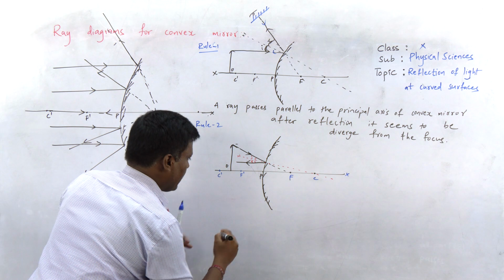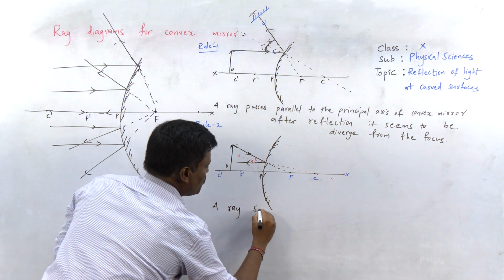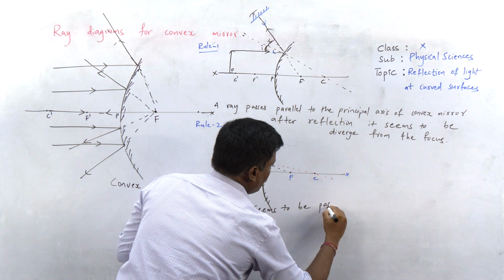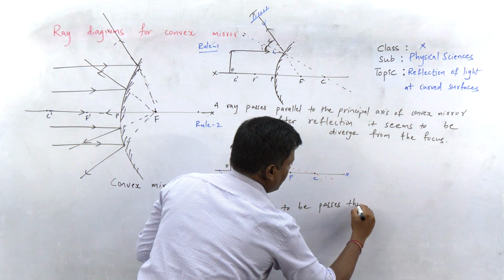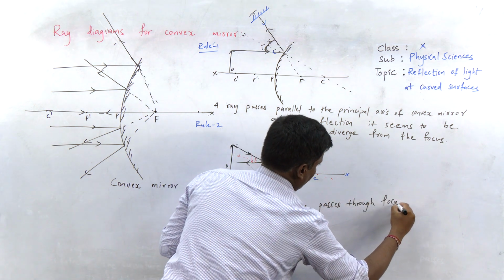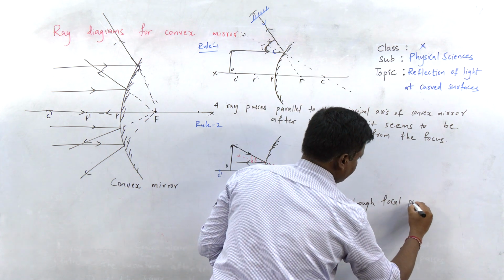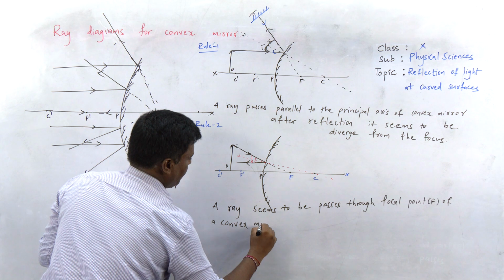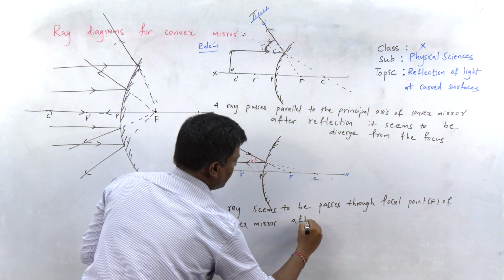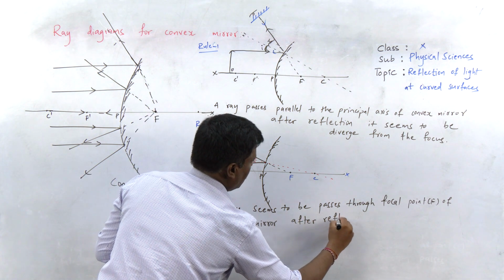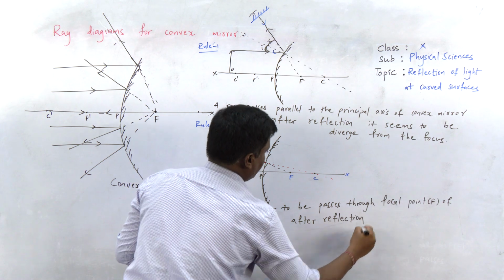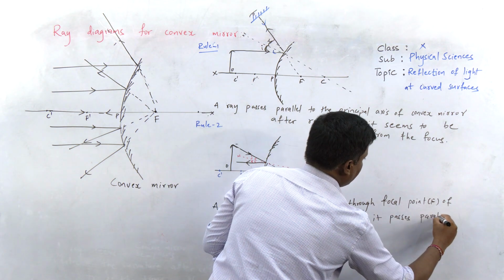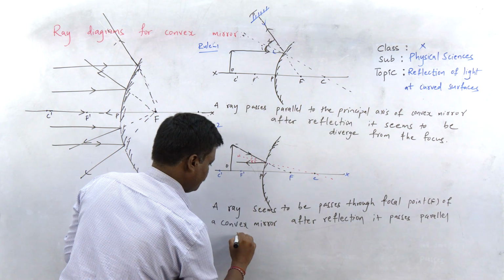Next, a ray that seems to pass through the focus, or the focal point of a convex mirror, after reflection, passes parallel to the principal axis.